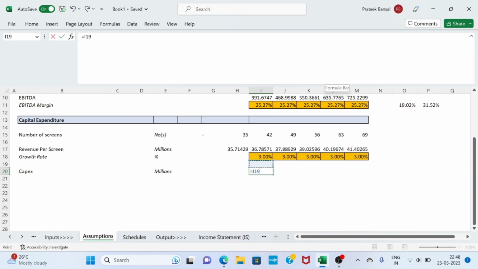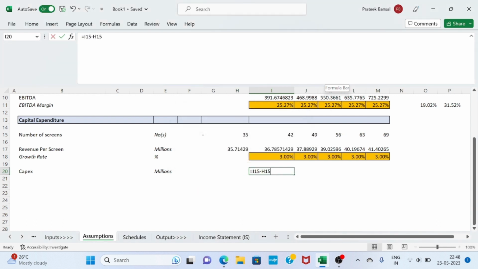It will be the difference between this, because 35 screens the company had earlier, right?